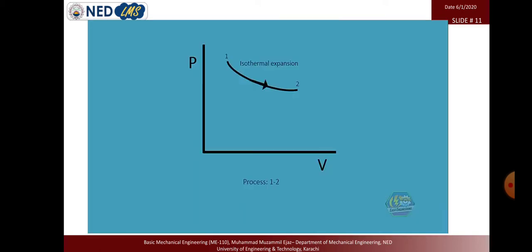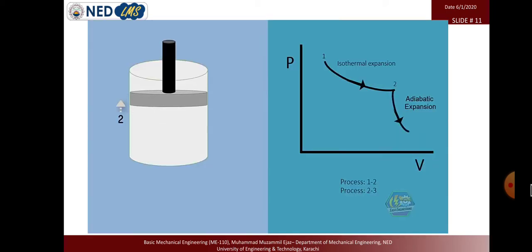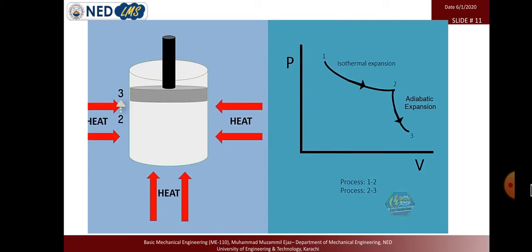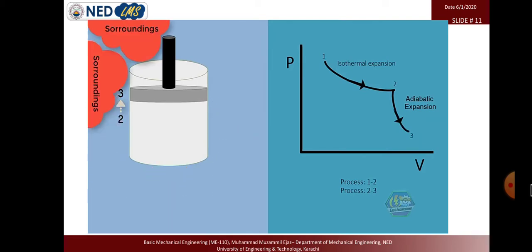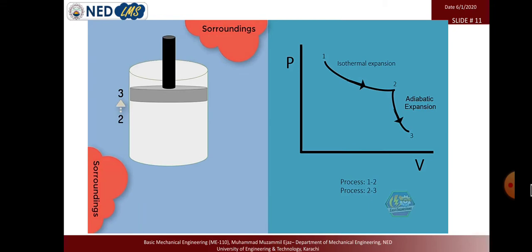Now next, process 2 to 3, which is called an adiabatic expansion. Adiabatic in thermodynamics means that there is no heat transfer between surroundings and your system, or to put it simply, all change in temperature is contained within the system, which as a result makes the entropy zero.